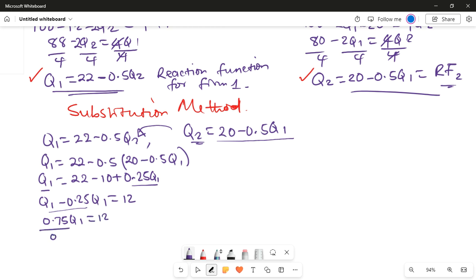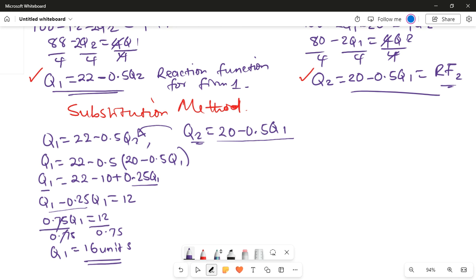We divide by 0.75, cancel that. So therefore Q1 is equal to 12 divided by 0.75, which is exactly 16 units. So this is the output that Firm 1 will produce.